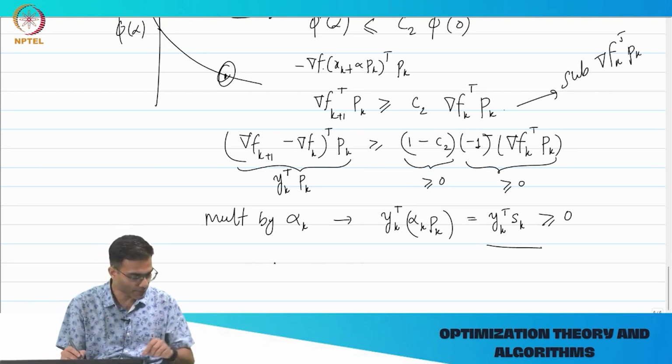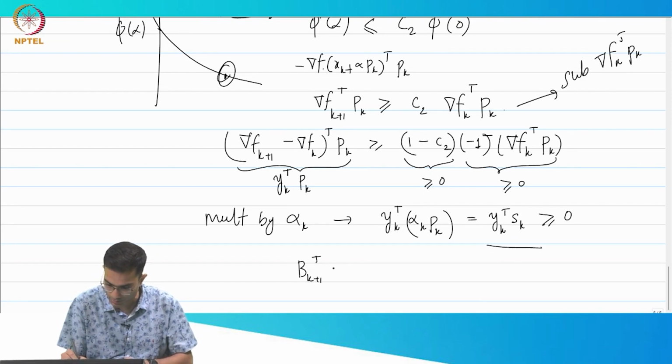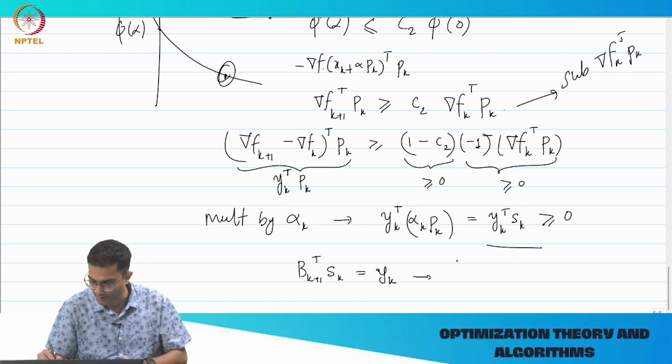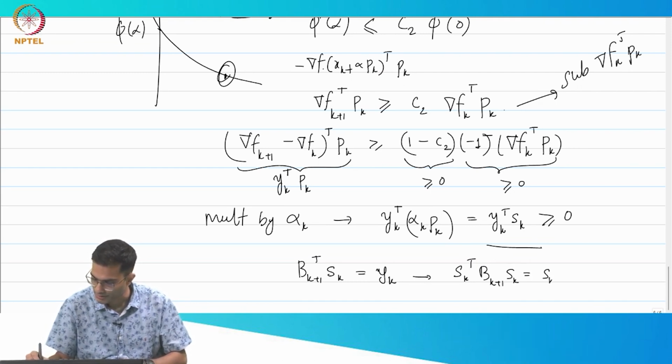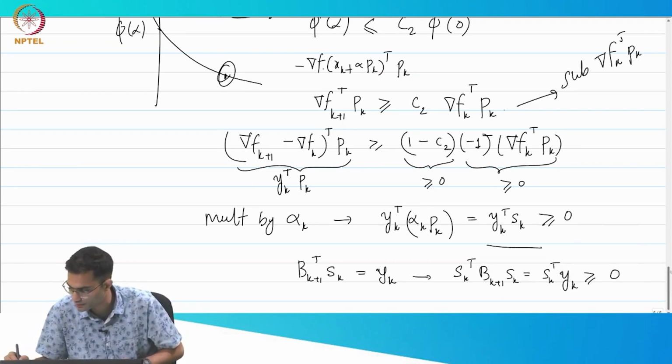The secant equation was Bk+1 sk equal to yk. When I left multiplied by sk transpose, I got sk transpose Bk+1 sk equal to sk transpose yk. And we just showed that this is greater than 0.